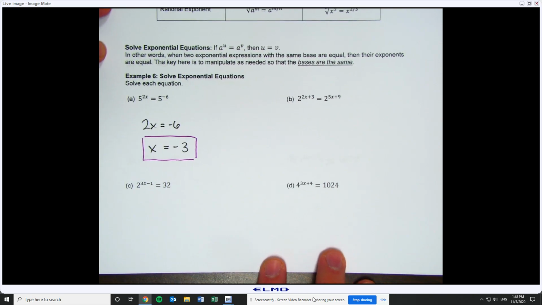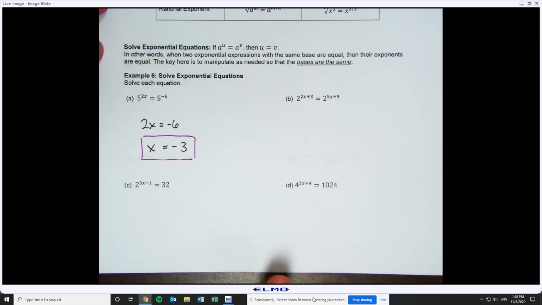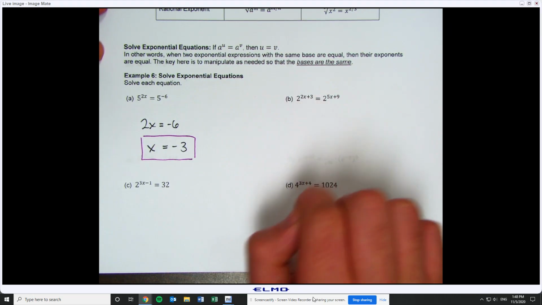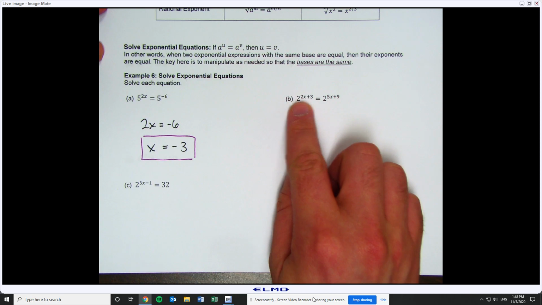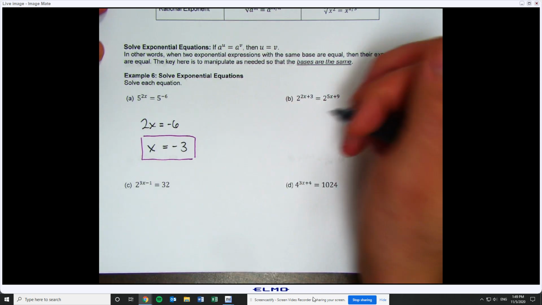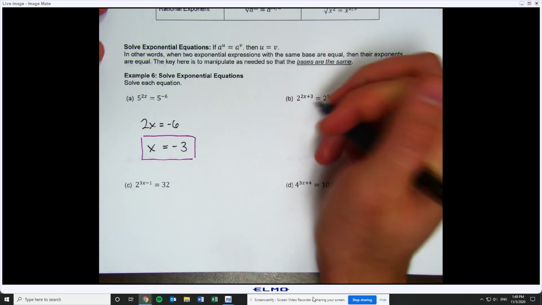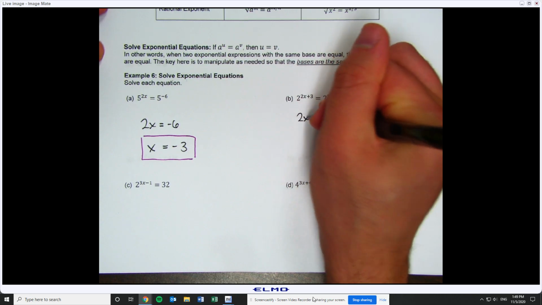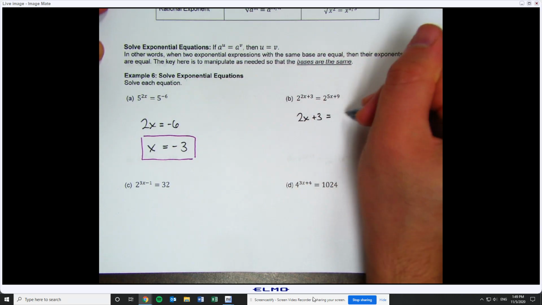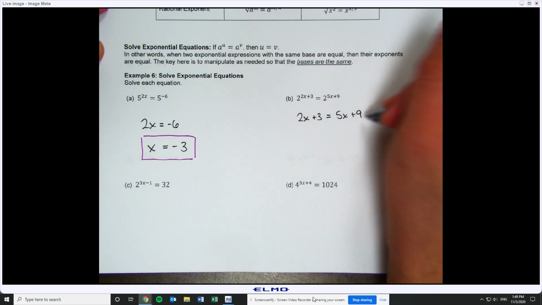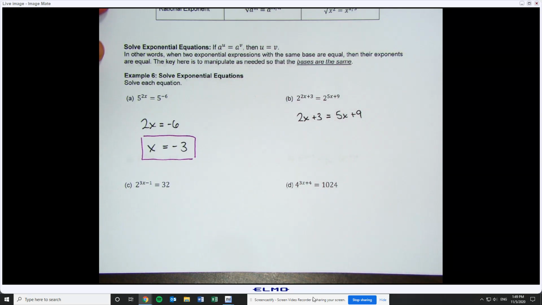Okay, now another example just like that. I have an exponential equals another exponential. Base 2 equals base 2. So since the bases are the exact same, I can ignore them and just say that this is 2x plus 3 equals 5x plus 9, because the exponents have to be the same.